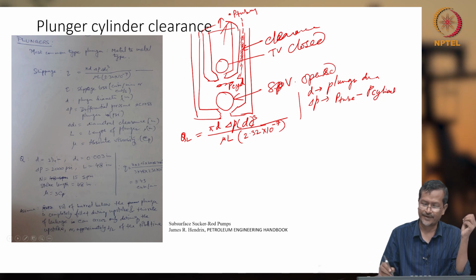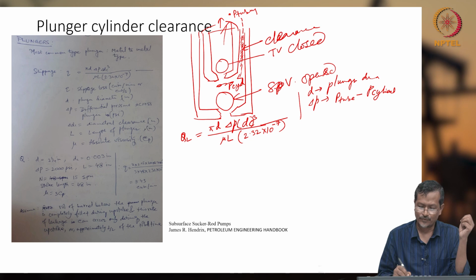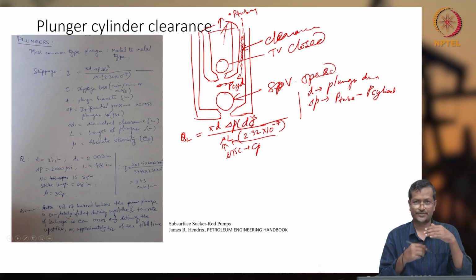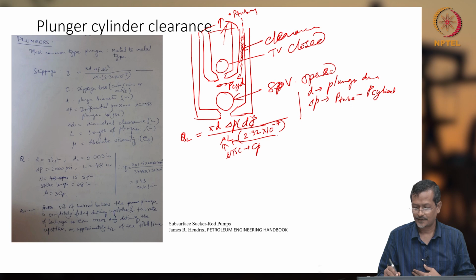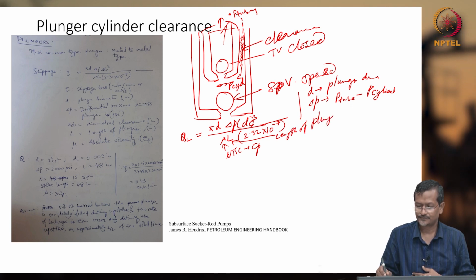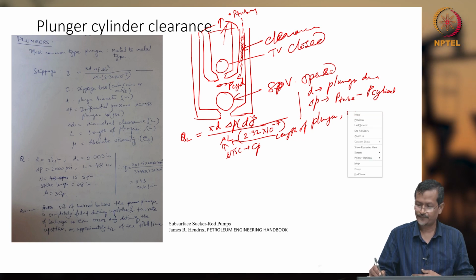This pressure will be very high. Mu is the viscosity in Cp, and L is the length of plunger, in inches.